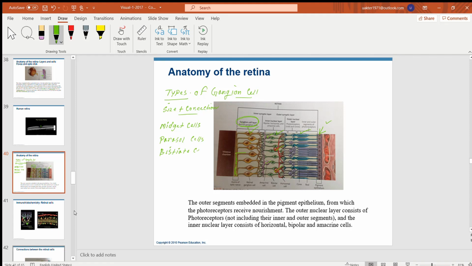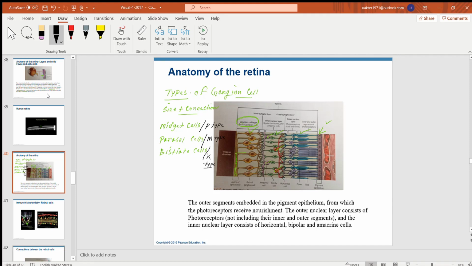So these are the three main types. Let's first talk about these three types of ganglion cells. Midget cells are also called P-type cells. Parasol cells are also called M-type cells. And bistratified cells are also called K-type cells.